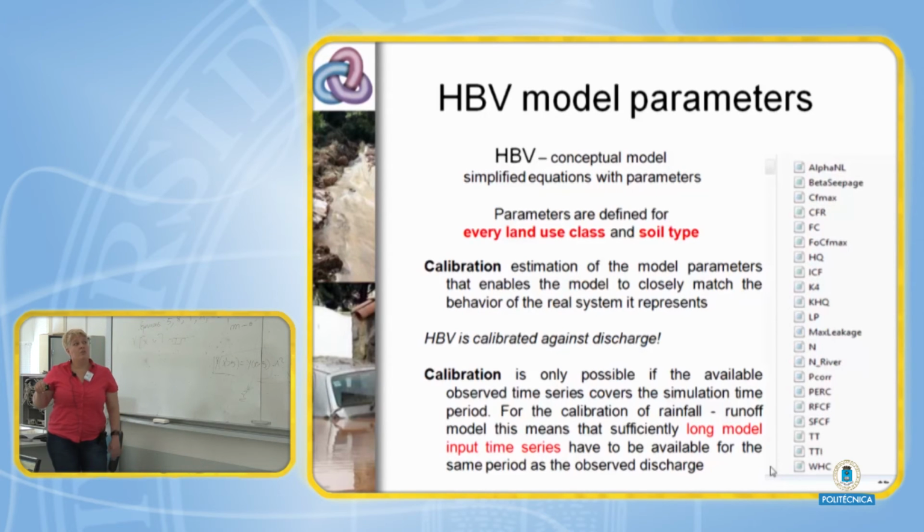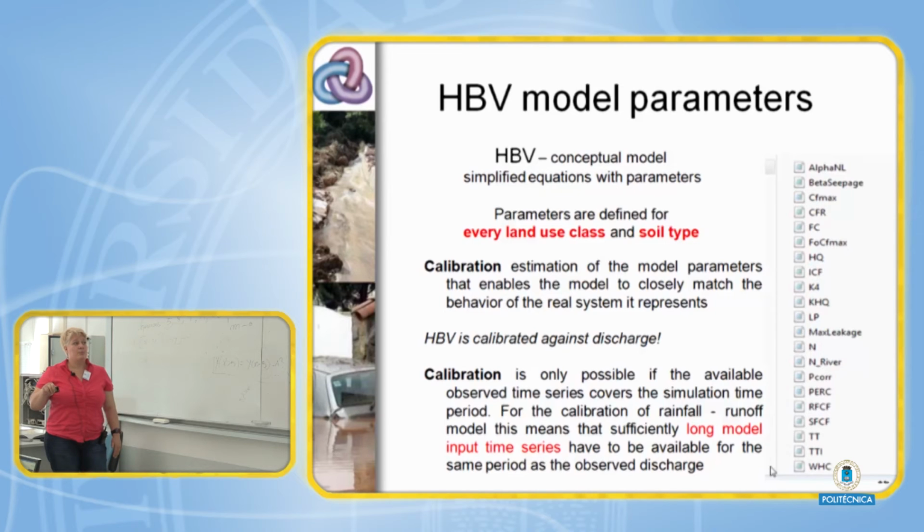So within the DRIHM, or if you do that calibration manually, you set the parameters, run the model, look at the results, and decide whether you want to run it again with new parameters or you are completely satisfied with the results. The important thing is that HBV is calibrated against discharge.